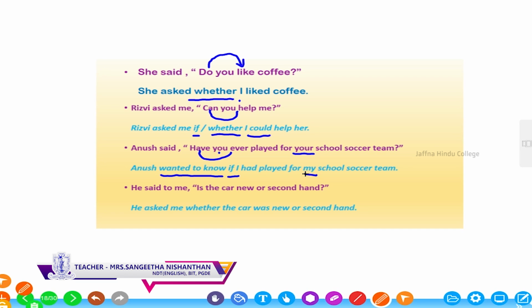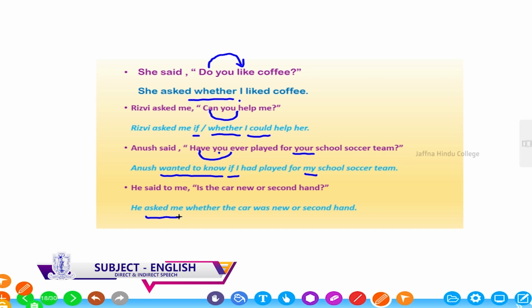Next example, he said to me, it is said to me, so the question is towards me. Is the car new or second hand? This is a choice question. He asked me, the verb used is asked me whether, you can use if also.